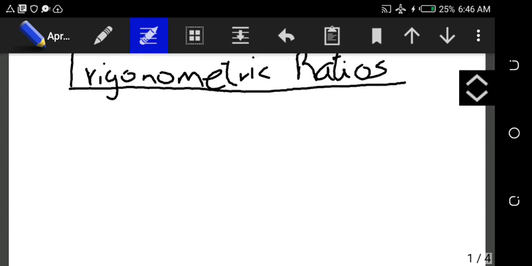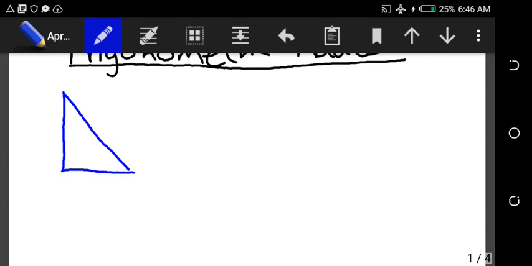Okay, so we have a triangle here. Now this is a right-angled triangle. Let's label it to be A, and here is B, with C, and we have an angle here.